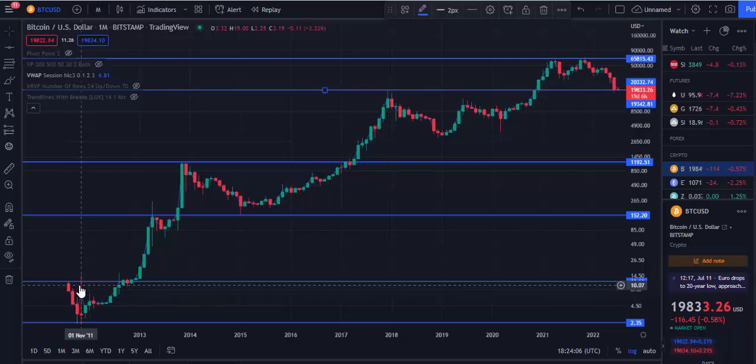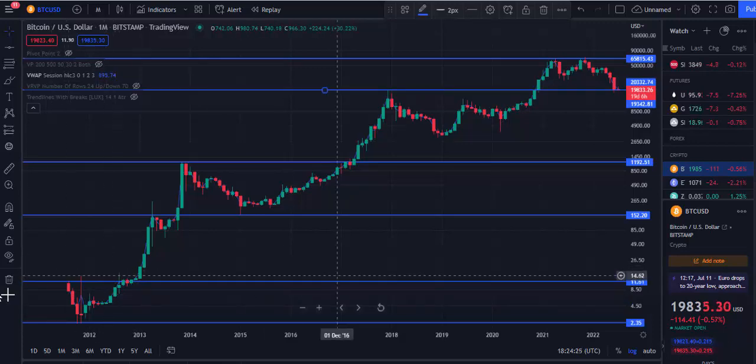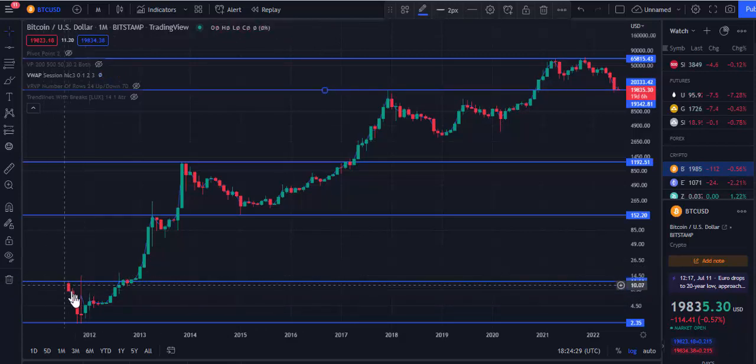That's more than 80%, actually around 80%. So you can see Bitcoin dumped from around $12, $11.61, we can call it $12, down to $2.